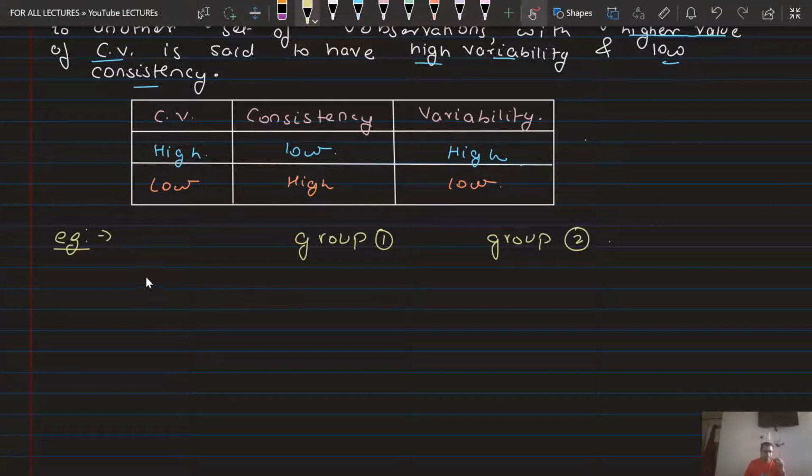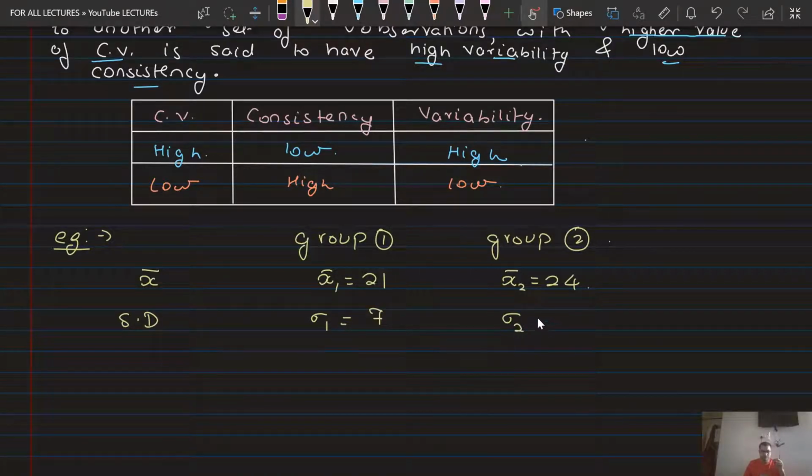And suppose I am given the values of x bar: for the first group the x bar value is 21. For the second group the x bar value is, let us say, 24. And also I require the standard deviation. The question has already given us the values of sigma 1 and sigma 2. Probably sigma 1 is 7 over here, and sigma 2 is suppose 4 over here.